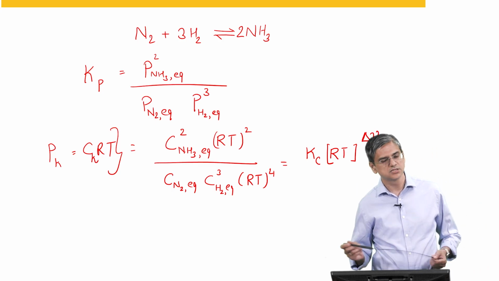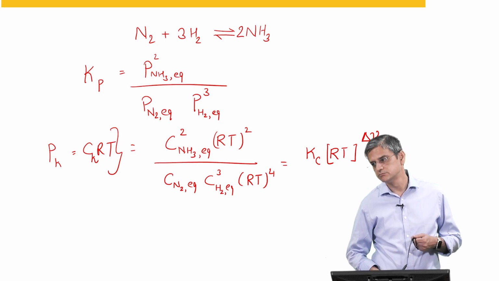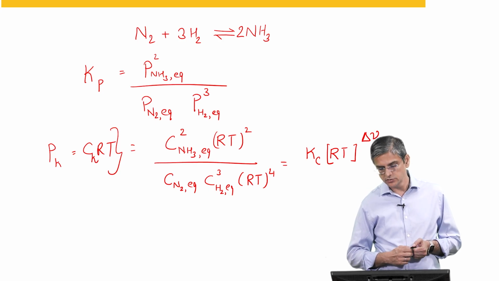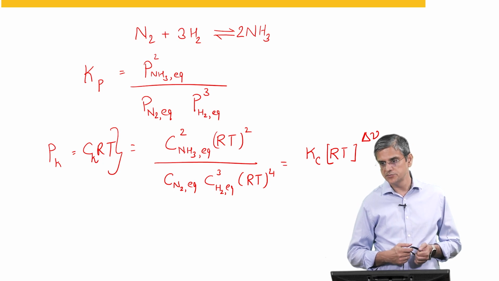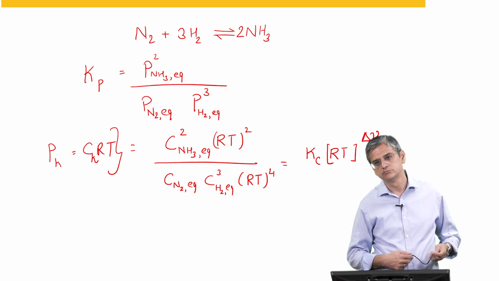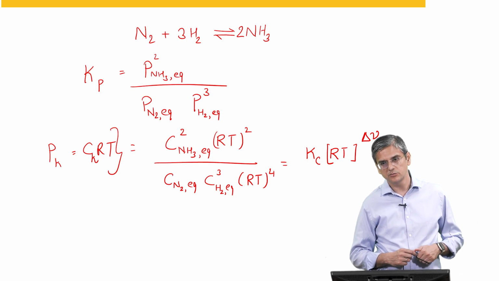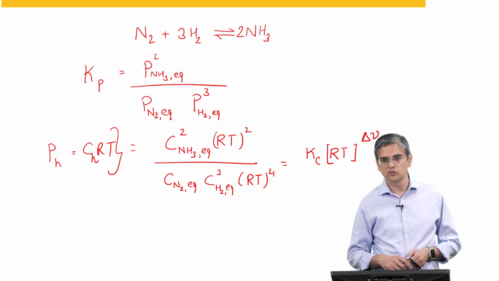This is how you had got that expression in your undergrad. Delta nu is 2 minus 1 minus 3, which is equal to minus 2, RT to the power minus 2. The only thing you have to be careful about is units. You have to use R in appropriate units. Temperature, of course, is in kelvins.